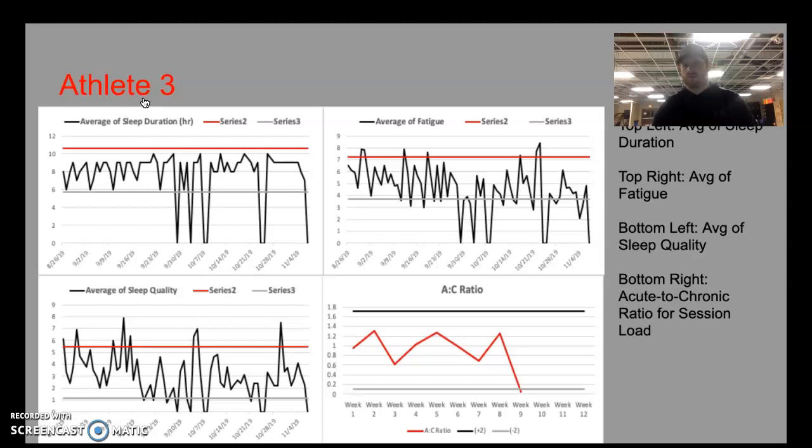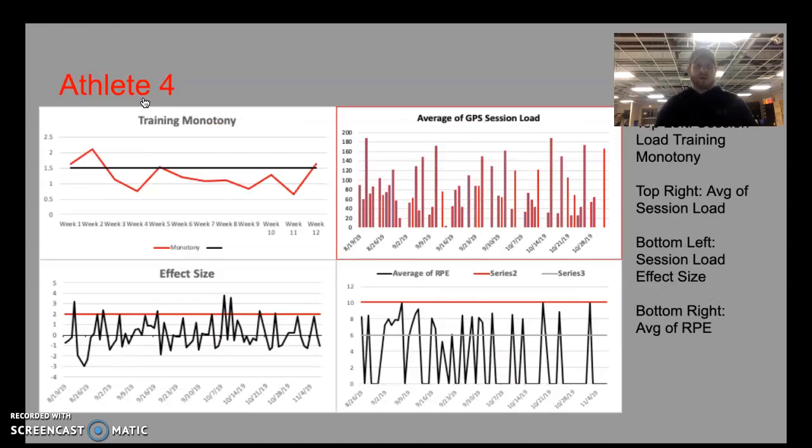So what this is telling us is that in week 8, there was a big spike in volume compared to the other weeks. They're struggling, and it looks like they might be reaching an overtraining state because they're sleeping a lot, but it's not very restful sleep, and they're extremely tired whenever they come in. They're gradually rising in their fatigue.